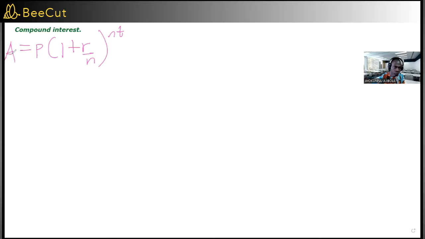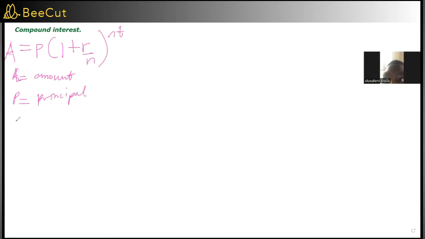A is the amount of money at the end of the given time, so amount. While P is the initial capital, initial money, which is the principal. And the 1 is just your number 1. R is rate.